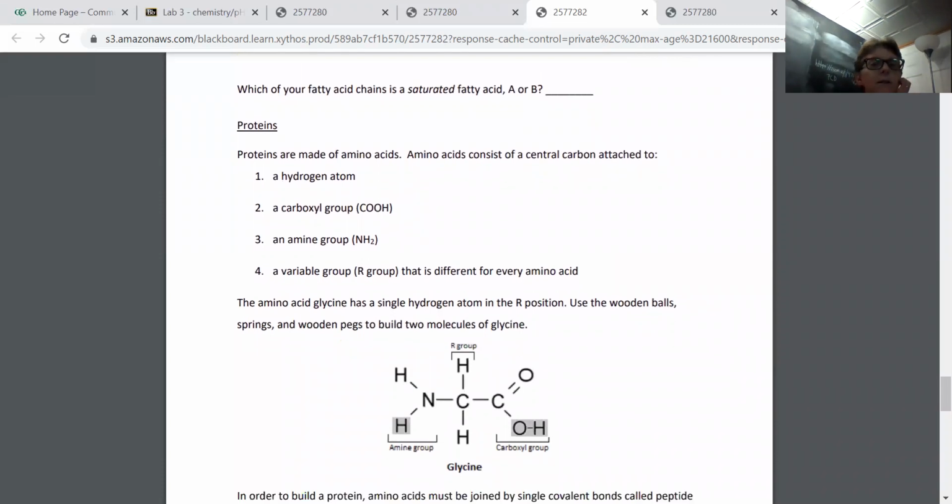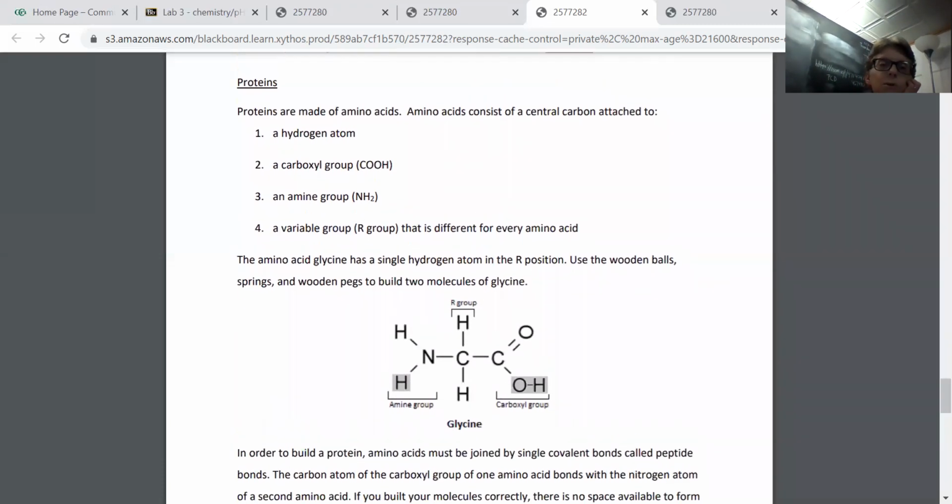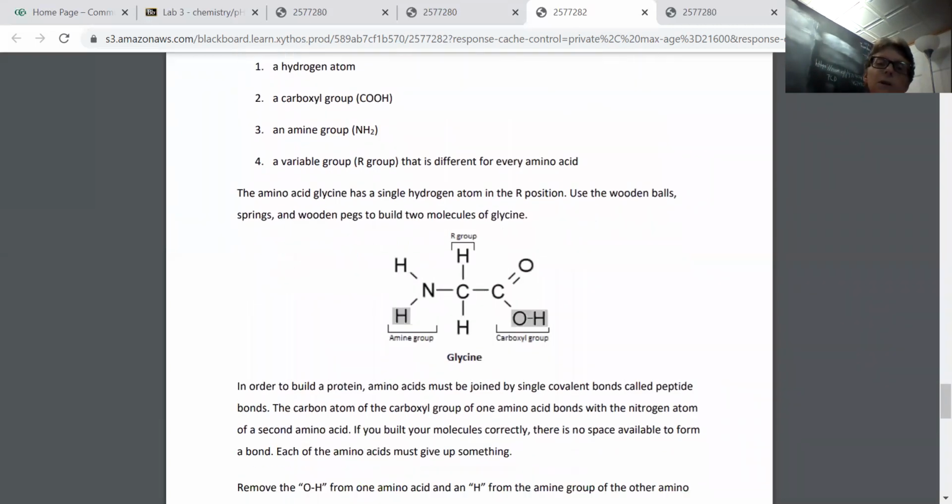The next macromolecule it talks about here are proteins. Proteins are made of little units called amino acids. And an amino acid consists of, and there's a picture of it right here for you, a central carbon with an amine group, which is the NH2. You can think of proteins like a string of pearls, or like little pop beads.